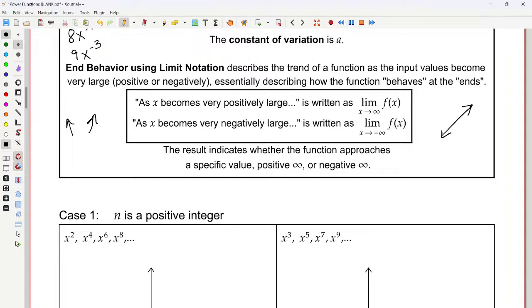As x becomes very positively large stands for really the right side of your graph. And the way we write the right side of the graph is right there.